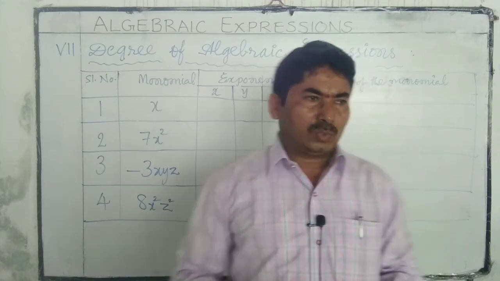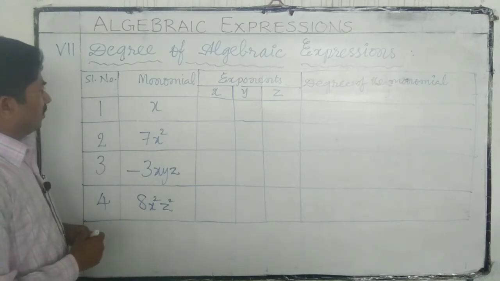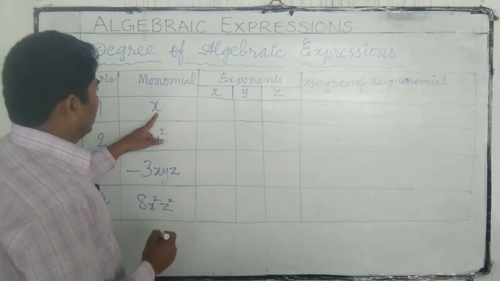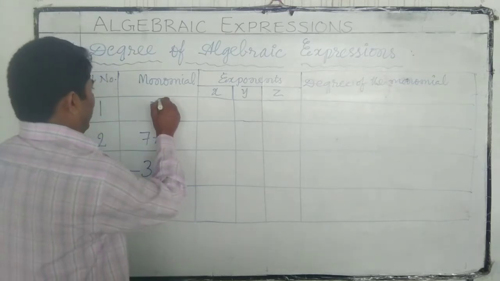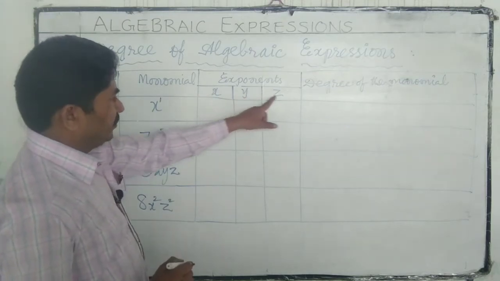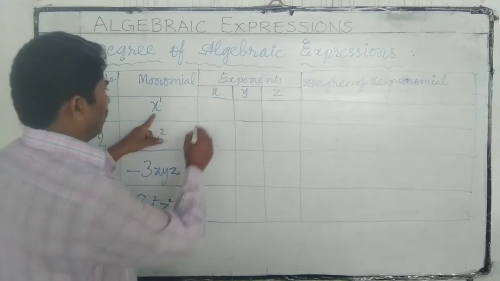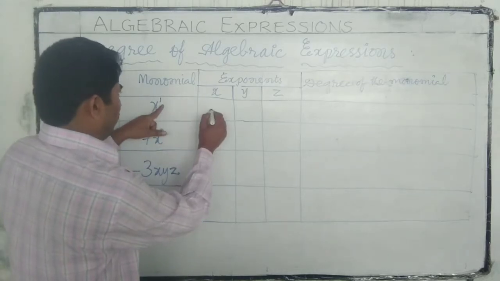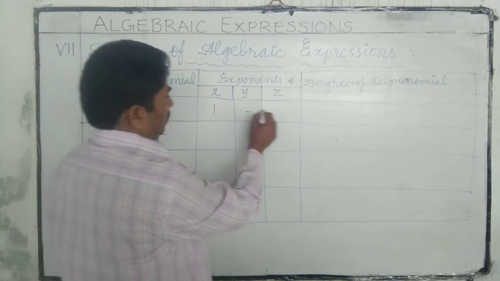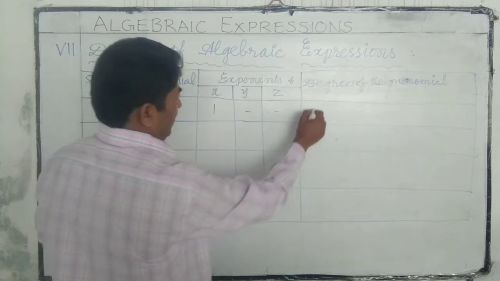Let us observe to understand the degree of monomial. Here is a monomial. Here we have x, y, z exponents. Here only x, the exponent of x is 1. So no y, no z. So therefore degree of the monomial is 1.